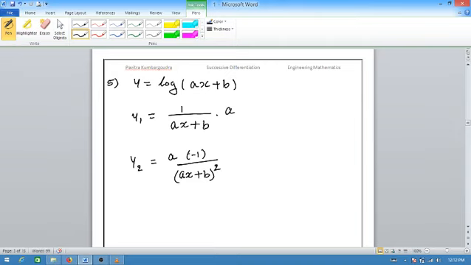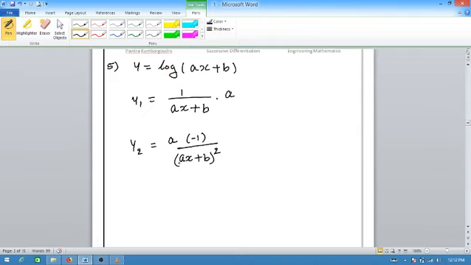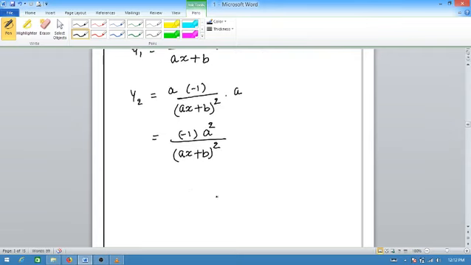Same as before: 1 by x differentiation is minus 1 by x square, into differentiation of ax plus b, which is a. So that is equal to minus 1 into a, which is a square, divided by (ax plus b) whole square.